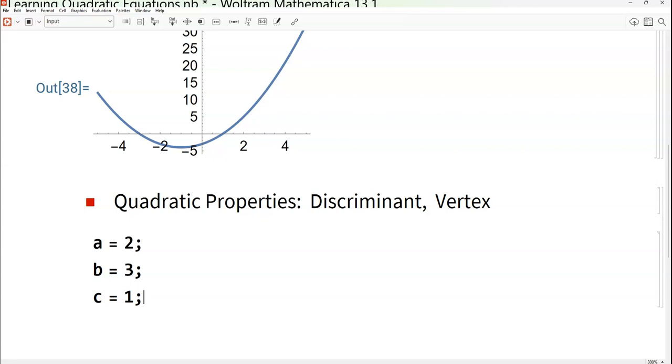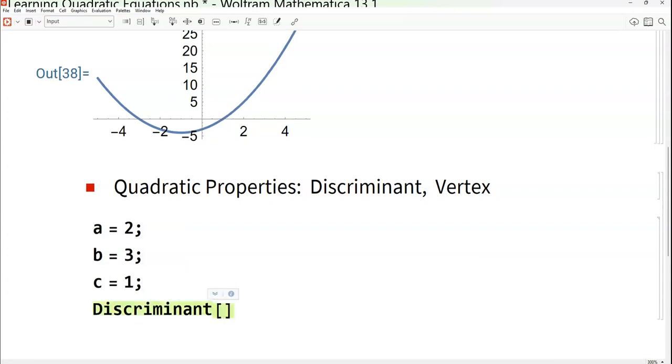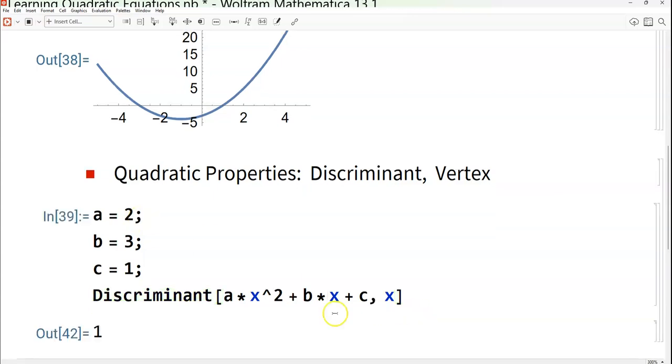And let's suppose we want to see what the discriminant would be if we had a quadratic equation that said, for example, ax squared plus bx plus c for the domain x. What we can see here is that this is just your general quadratic equation, but here we're going to find the discriminant when a is equal to 2, b equals 3, c equals 1. Okay, and the discriminant is 1.